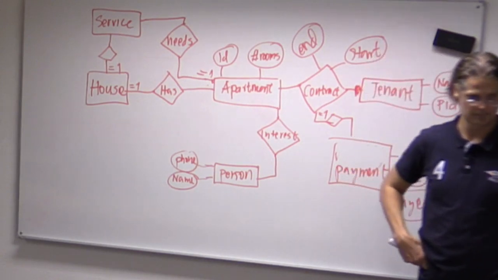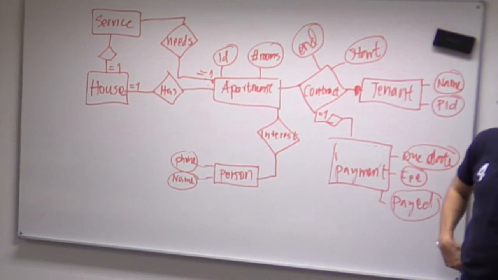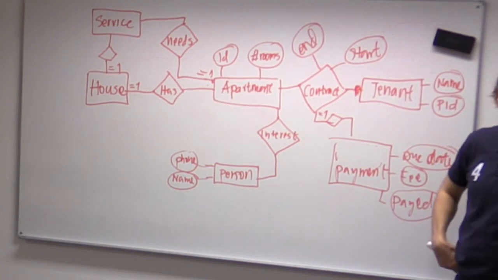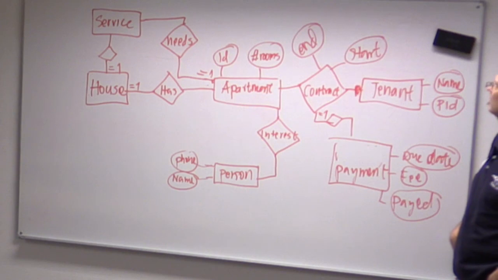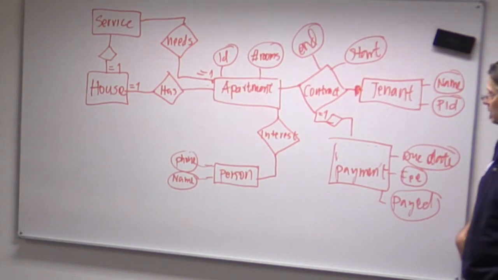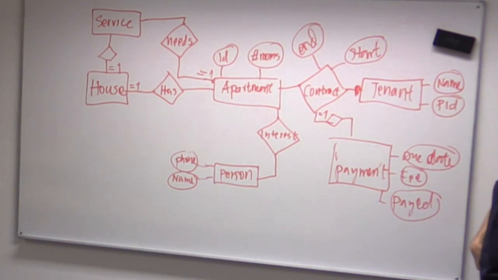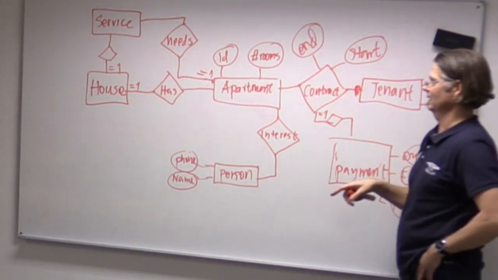I think you can do something else that make the contract an entity and have the apartment have the relation to has, or have a contract like that, and then make the payment the relation between the contract and tenant. Yeah. That would be an idea. Absolutely. I won't do it here.